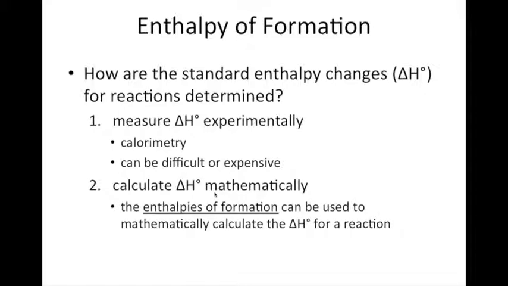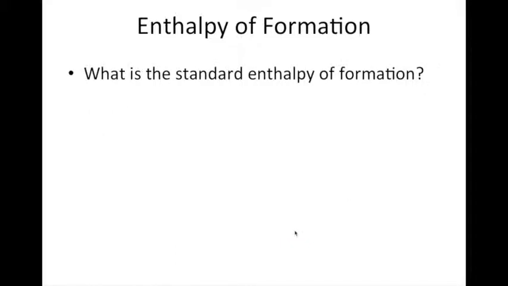One way to determine the delta H of a reaction is to use the enthalpies of formation in order to calculate the delta H standard for that reaction. Now there's other ways, Hess's law, bond dissociation energies, but here we're going to look at using the enthalpies of formation to calculate the delta H standard for a chemical reaction.